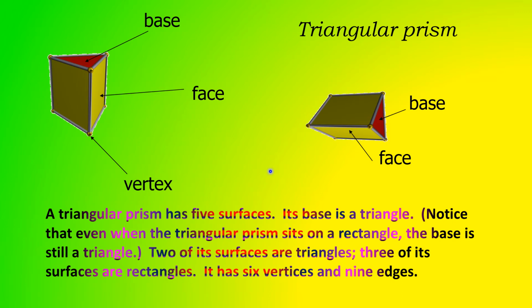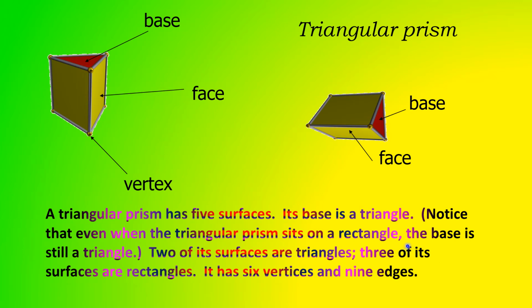So see here, a triangular prism has 5 surfaces, its base is a triangle. Okay. Notice that even when the triangular prism sits on a rectangle, see here, this triangular prism has sat on the rectangular surface.